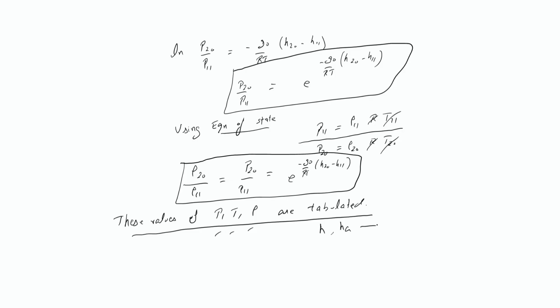So I encourage you to look at these tables, to see how the pressure, temperature and density vary at different altitudes. This is how you find pressure, temperature and density at various altitudes.